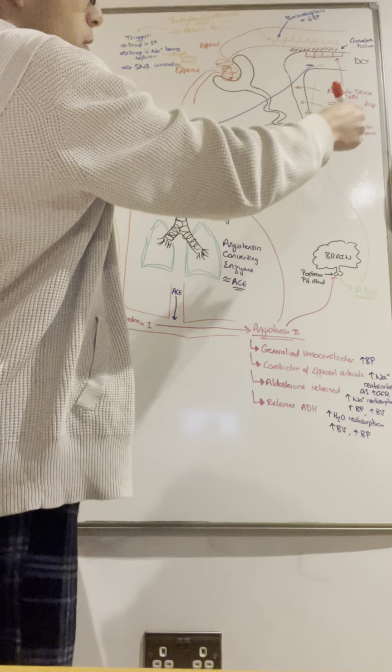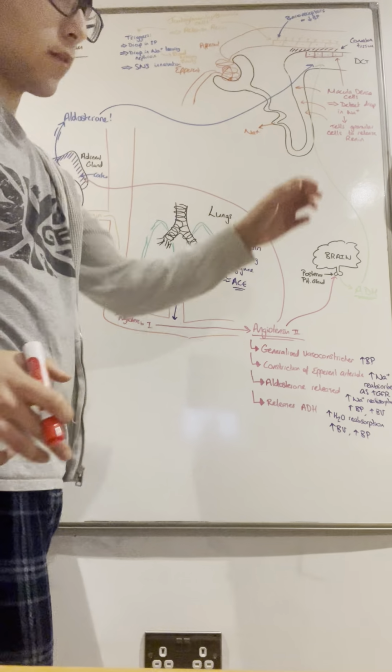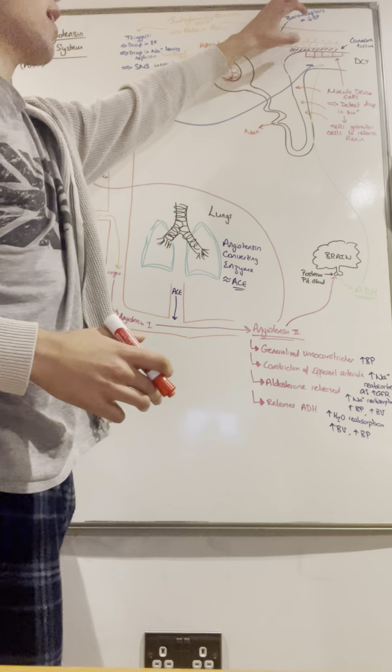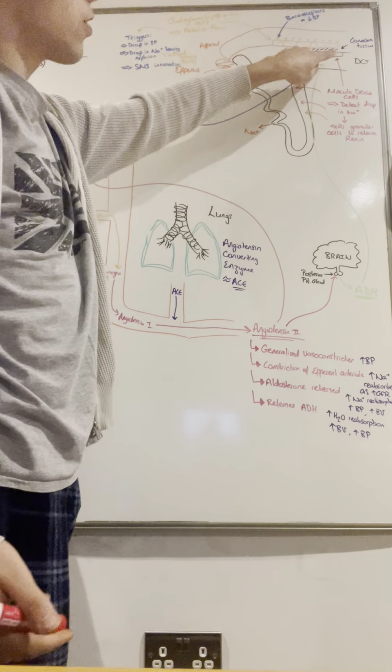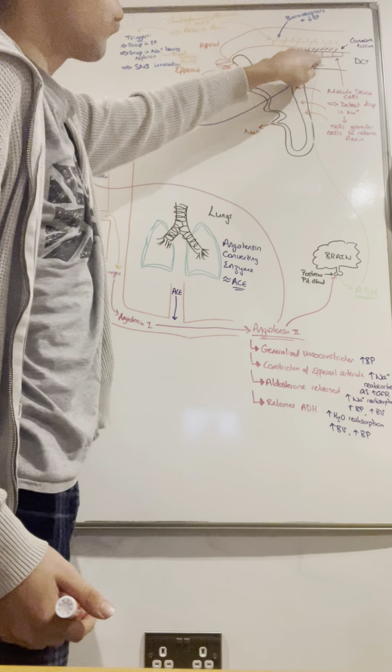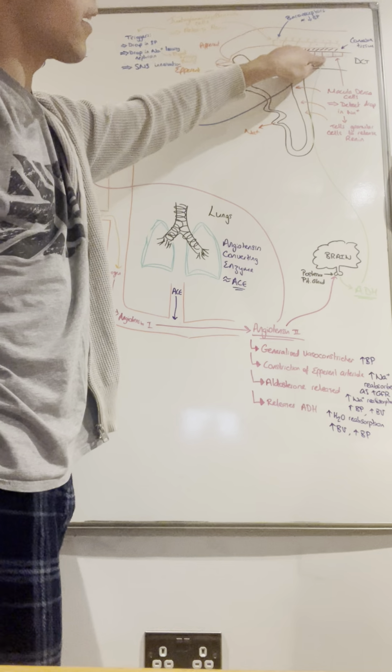So what happens is we've got some cells. I mentioned we've got this connective tissue between our afferent arteriole and our distal convoluted tubule. Along this border, we've got some macula densa cells, in pink here.